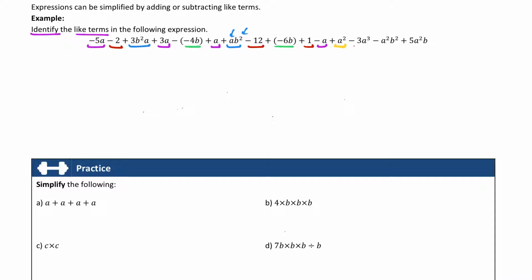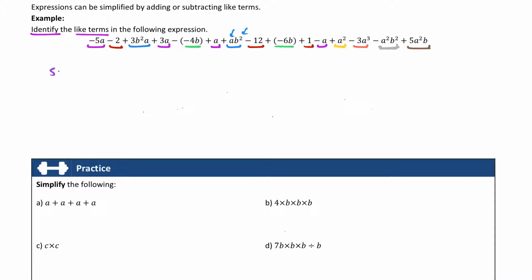I then have a cubed, and I cannot find any more a cubed in there. And finally I have a squared b squared, and nothing to match that. And my very last one is a squared b, which is my final term, and I cannot find any like term which matches that.